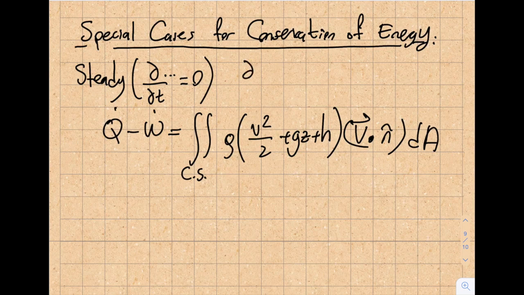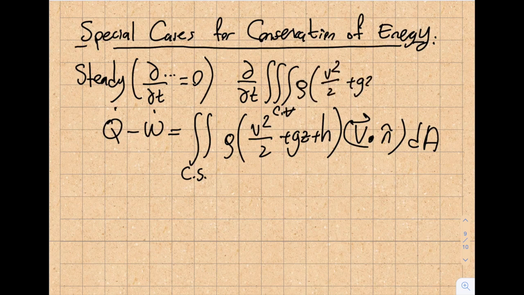The reason we get this equation is that the first term on the right hand side, the derivative of the volume integral of V squared over 2 plus gz plus u, turns out to be 0, right? Okay, fine. So this was my first special case.